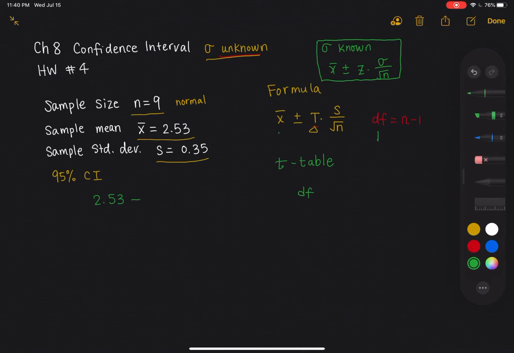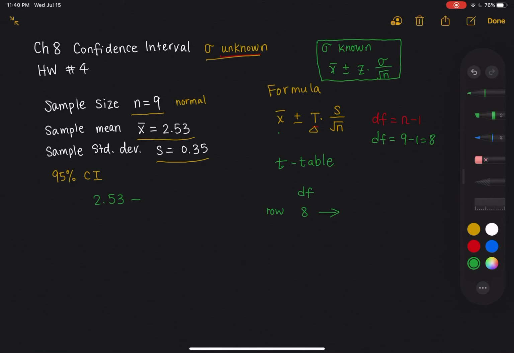The degrees of freedom df equals the sample size, which is 9, subtract 1. So degrees of freedom is 8. You need to look at row 8.